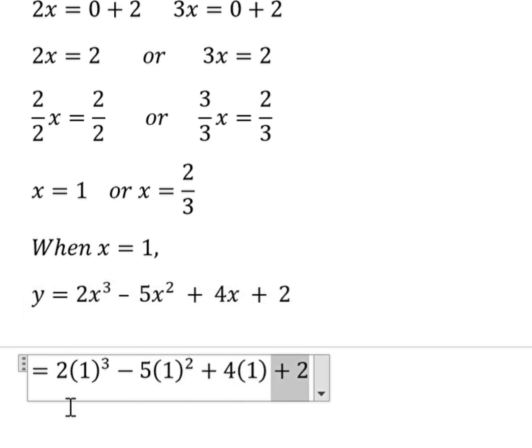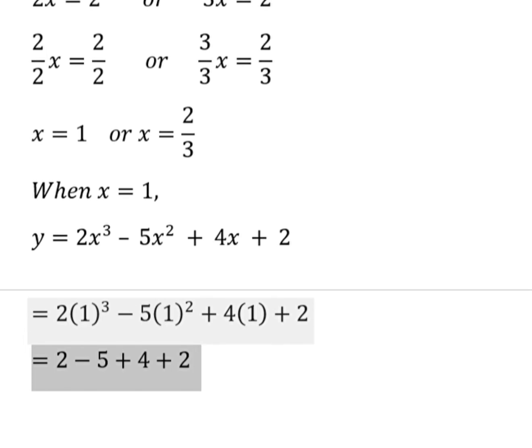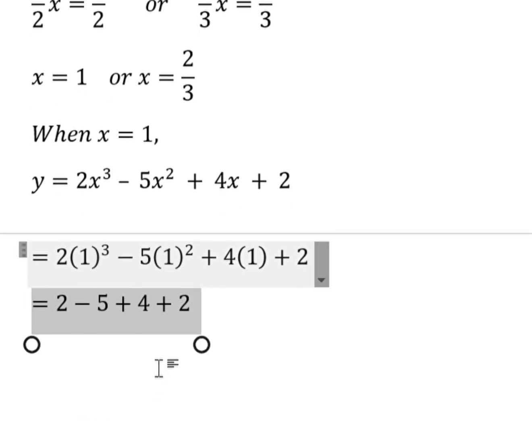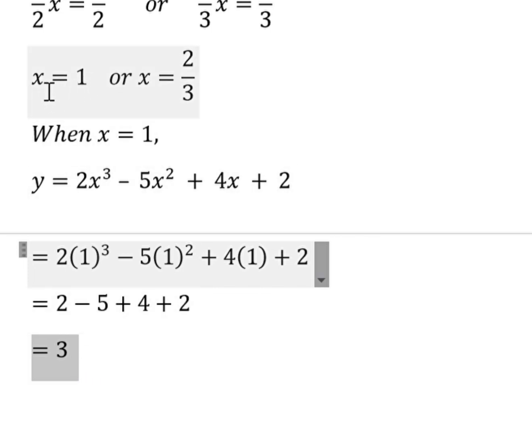And when you simplify this, it gives you 2 minus 5 plus 4 plus 2, which gives you 3. So the y coordinate for this x coordinate, the partner y coordinate is 3. Therefore, we can say the point is (1, 3).